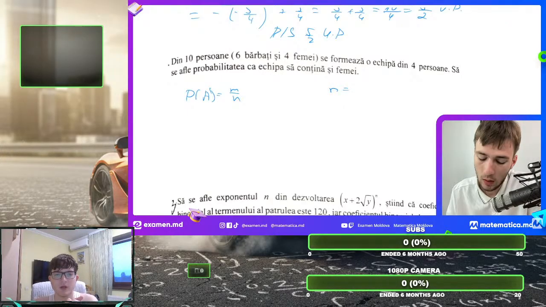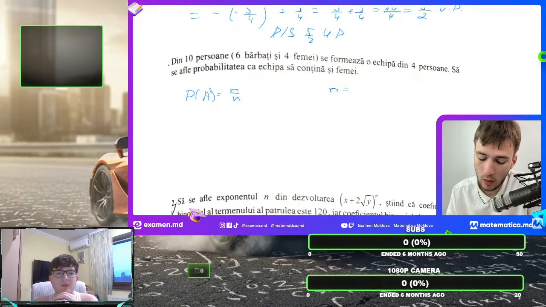So basically, to get all the cases, we need just to do combinations of 10 below and 4, because we take 4 from 10 people. That's it.